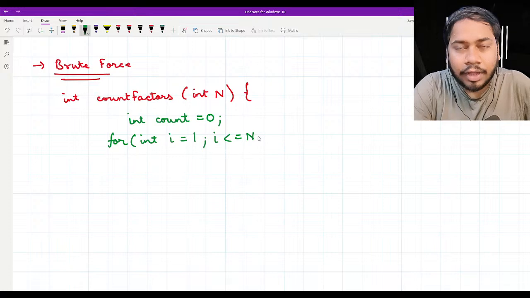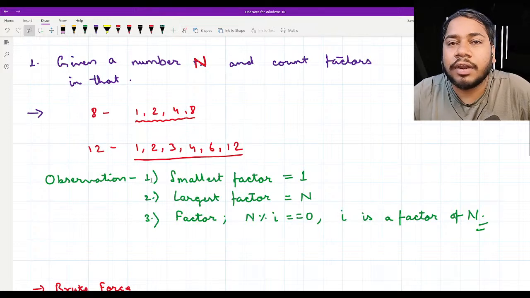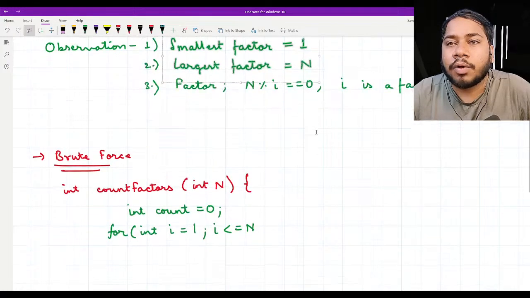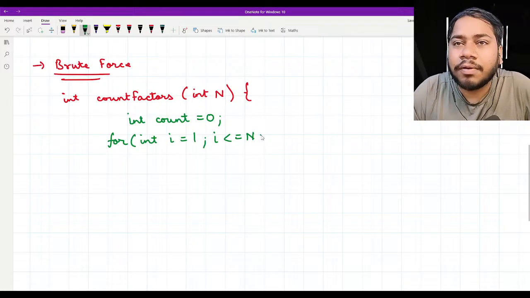So where have we observed this? We have observed this from here: the smallest factor is 1 and the largest factor is n. Then we will write i plus plus.